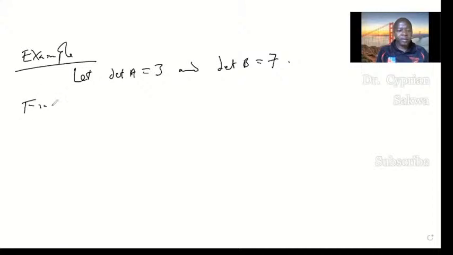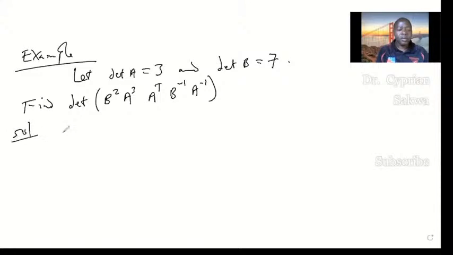Find the determinant of B squared multiplied by A cubed multiplied by A transpose multiplied by the inverse of B multiplied by the inverse of A. So the question is, find this determinant.